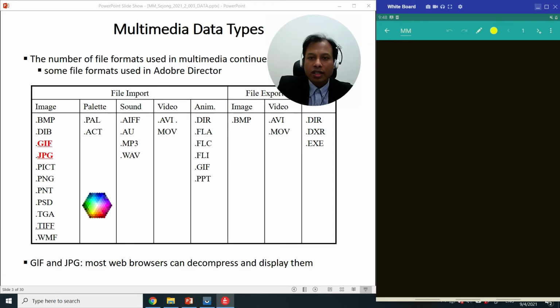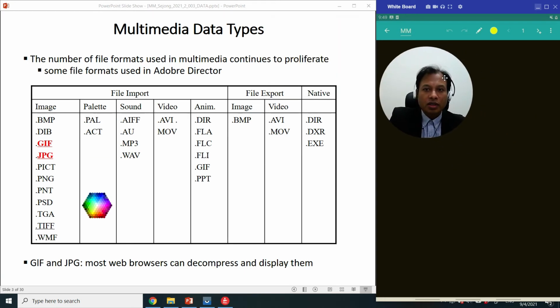These are different image file formats here. For example, BMP, DIB, GIF, JPG, and all others, TIFF, WMF, PNT. Also, you see what the sound file formats are.